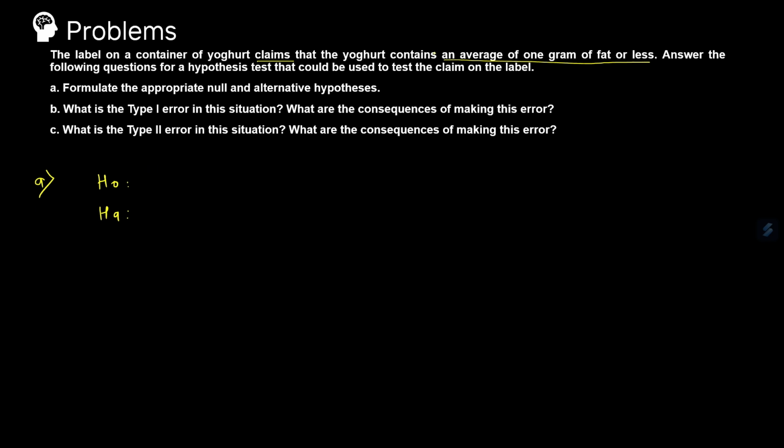So here an average of 1 gram, meaning mu and 1, we will write like this. Average means mu. I recently said the claim comes under the null hypothesis.